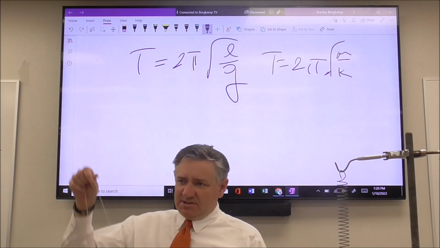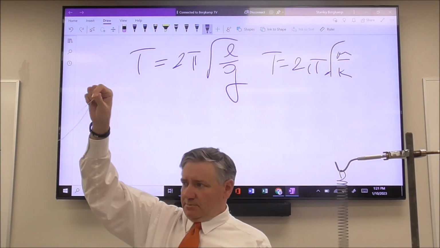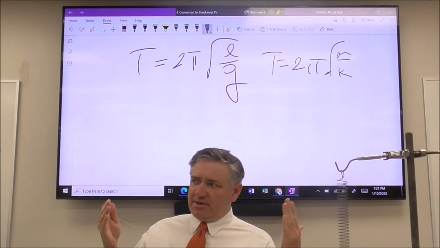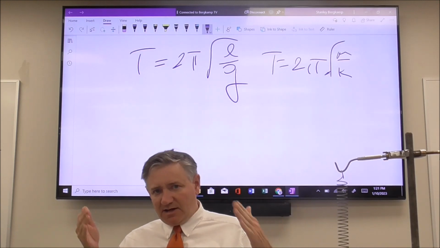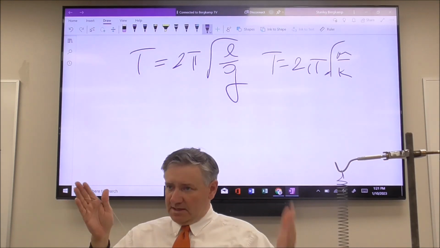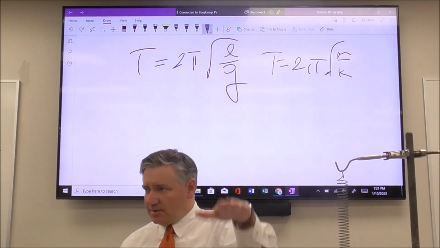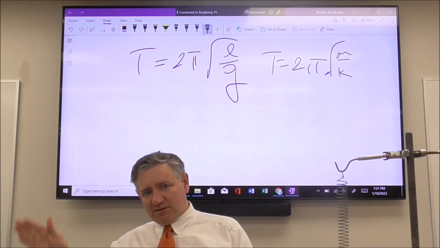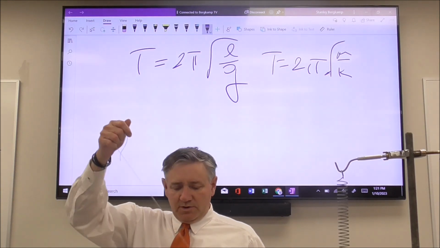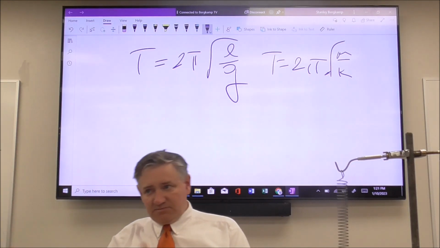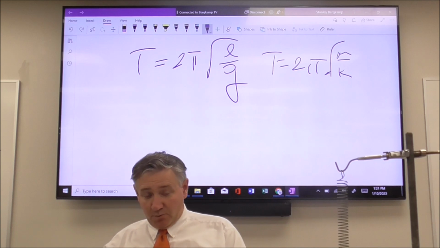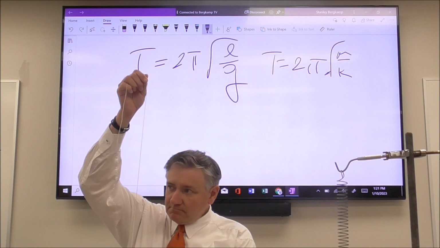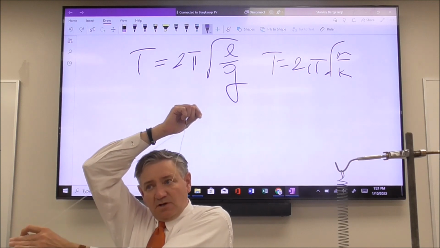In both situations, at the ends of the swings, the kinetic energy is going to be 0, because you stop and change direction. When you're at the middle, that's when you have your maximum velocity, because this thing speeds up, hits the bottom, and starts to slow back down again.